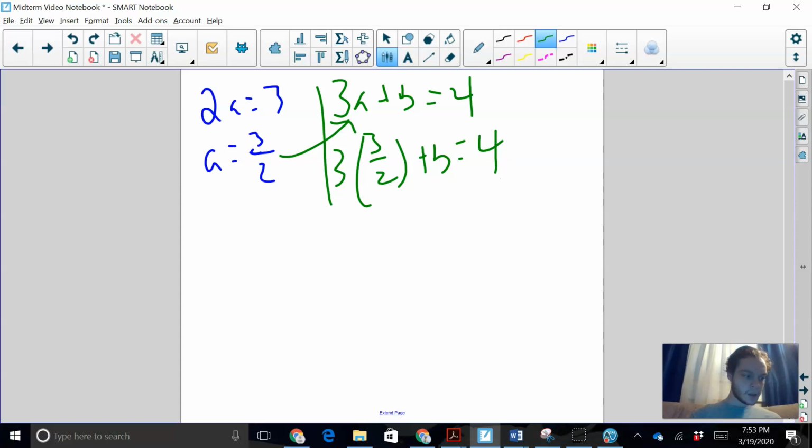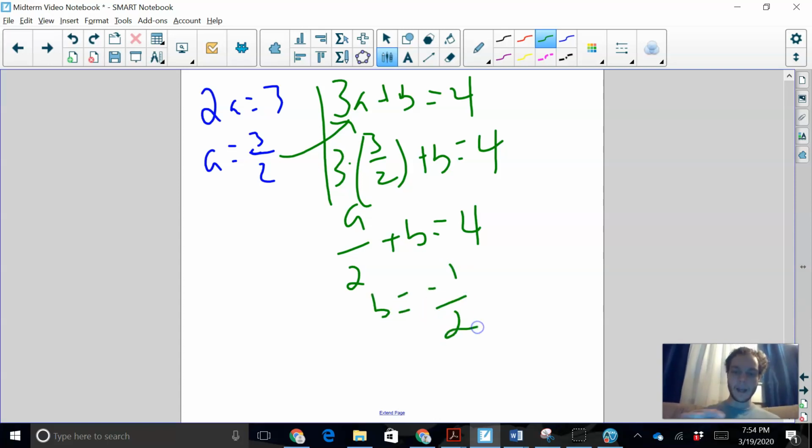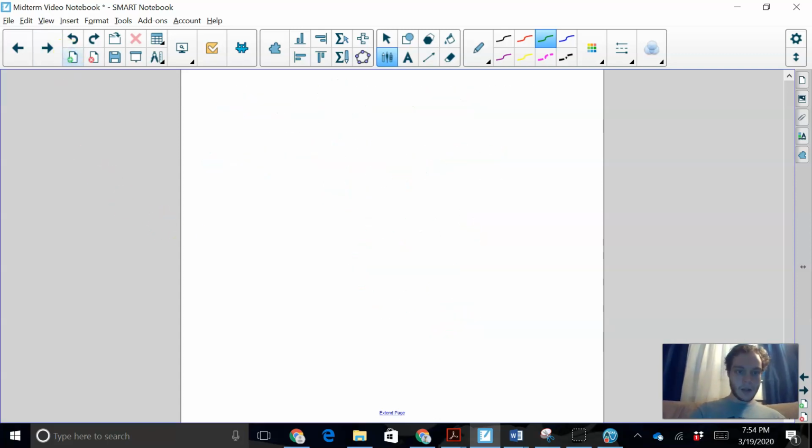Now, 3 times 3 halves would be 9 halves plus b equals 4. And we know that 9 halves is 4.5, so we subtract there, we're going to get negative 1 half. So far we know that a equals 3 halves, b equals negative 1 half.